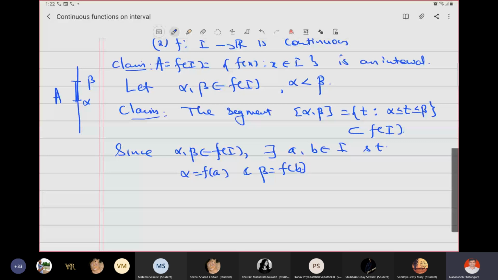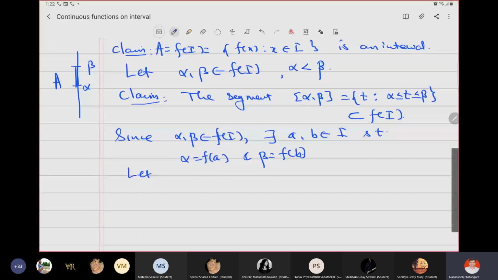Now, to prove that this entire segment alpha beta is inside f of I, I choose any t between alpha and beta, alpha less than or equal to t less than or equal to beta. That means f of a is less than or equal to t, which is less than or equal to f of b, because alpha is f of a.